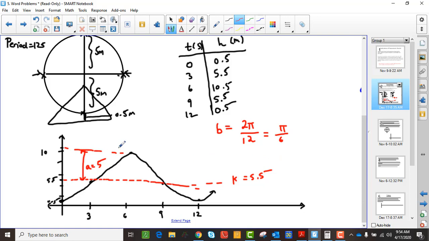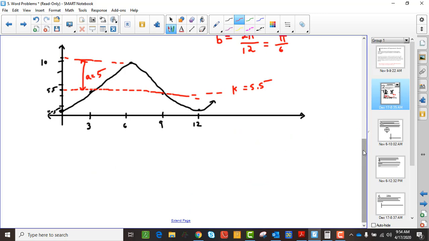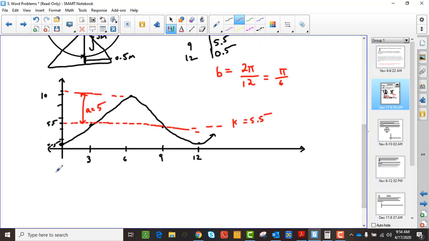Okay. And the last thing to do is to find the h value. What's interesting about this is that we can find the h value using sine or cosine. If we imagine sine, sine always starts in the middle and goes up. So if that's the case, my h value for sine is going to be 3 because it's shifted.